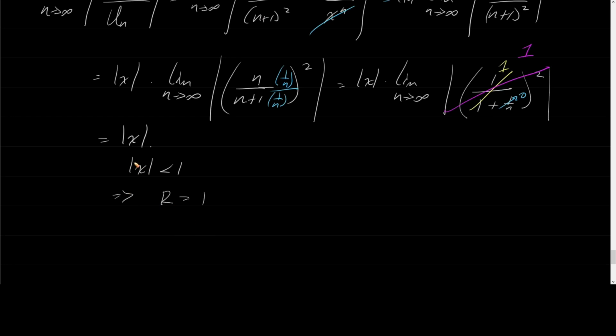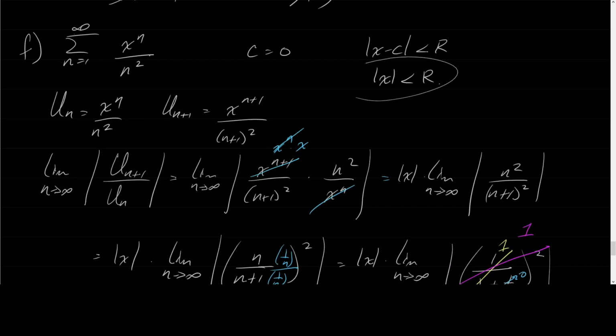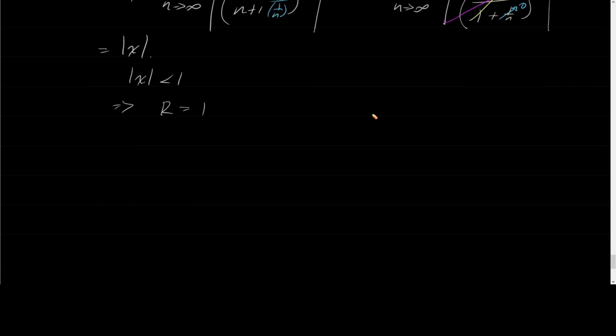We already have it in the format that we wanted it in. So the radius is just 1. We're centered at 0. So this tells us that we're either working between -1 and 1, not including the endpoints, or including one endpoint, or including the other endpoint, or including both endpoints, right?